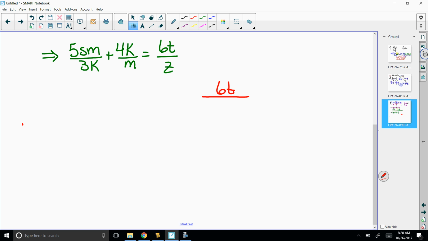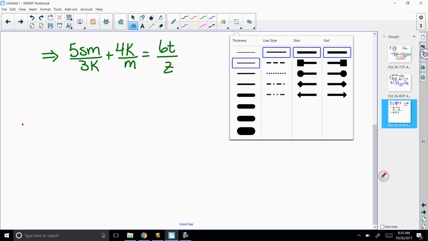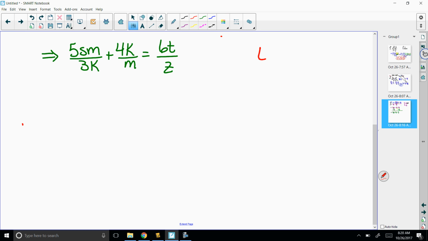If you do what you're talking about, Caitlin, and then you move it over, you're going to get 6T divided by 5SM over 3K plus 4K over M. You need to simplify that yet.